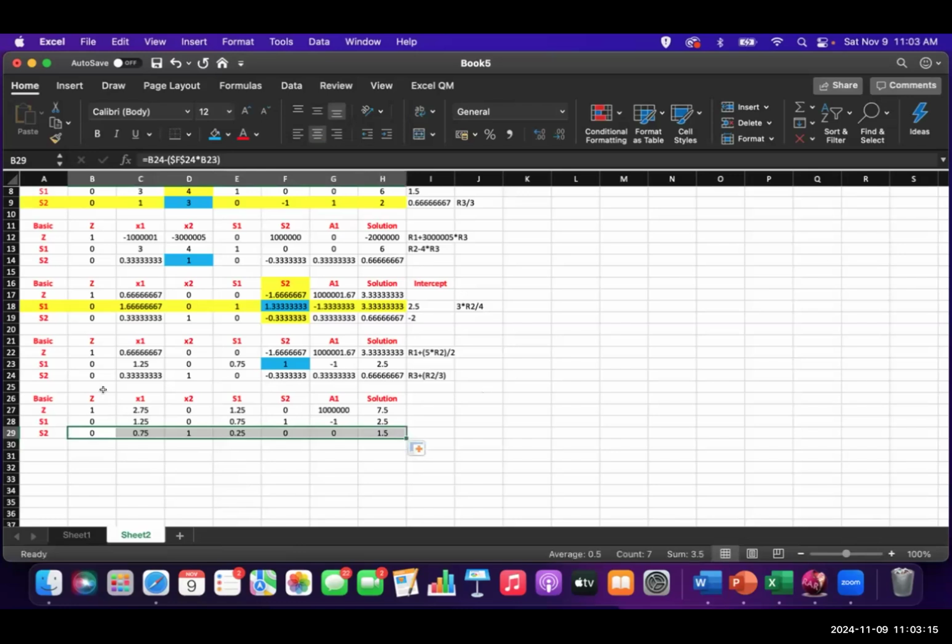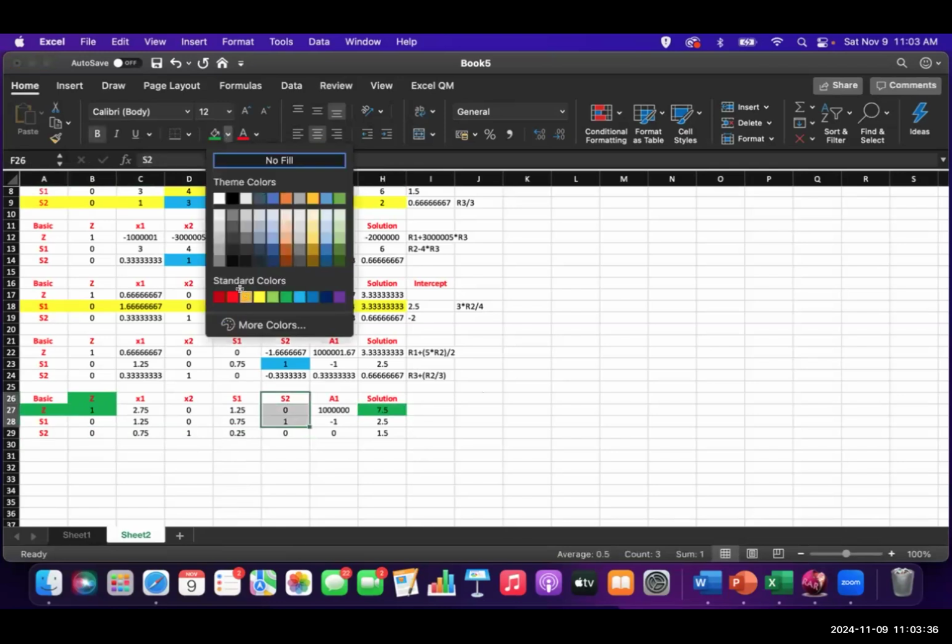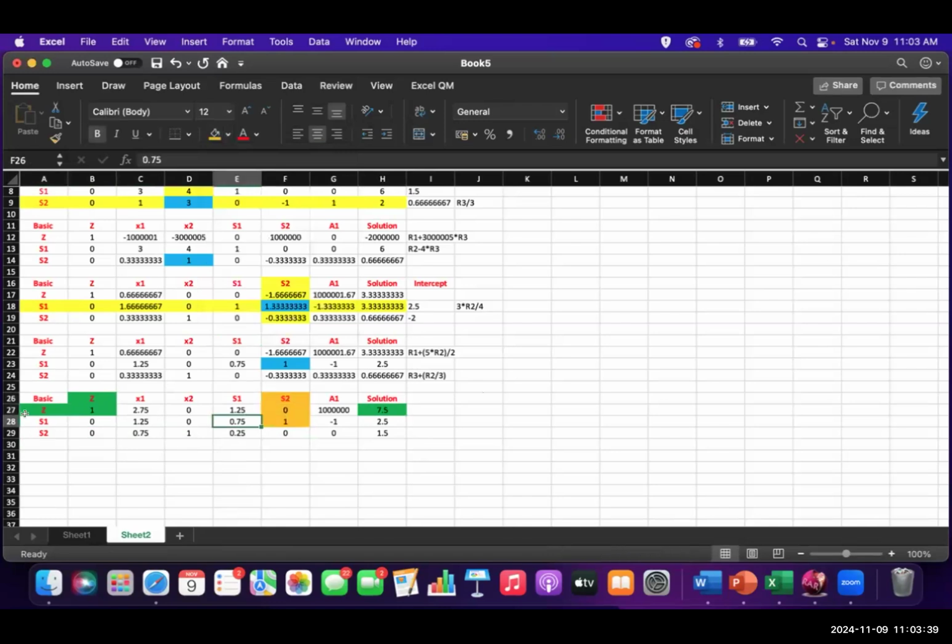Okay, as you can see here, this is where we see that Z is 7.5, and S2 is 2.5, and then X2.